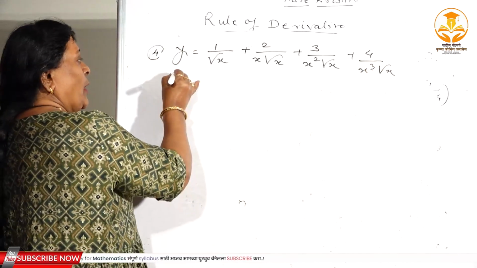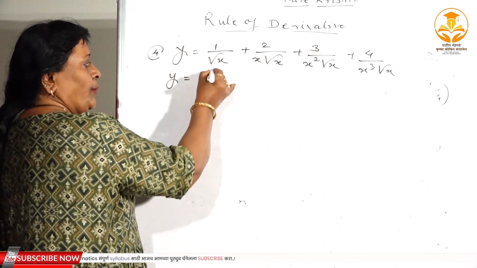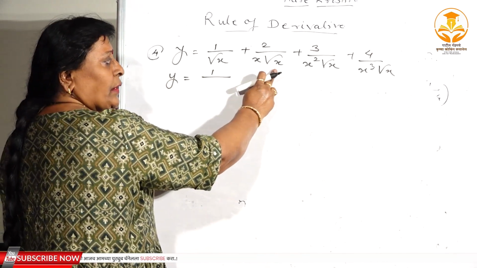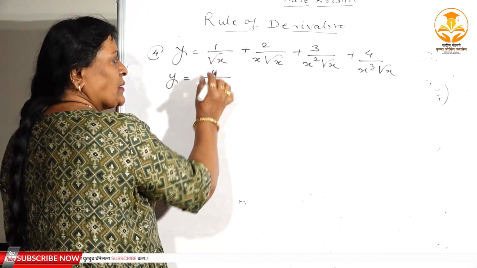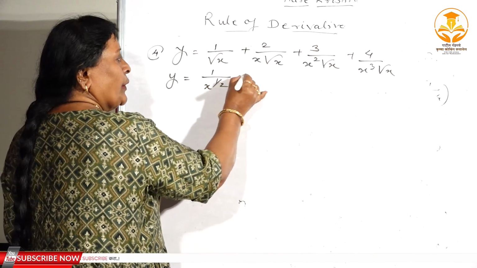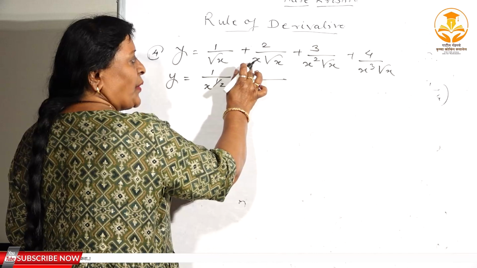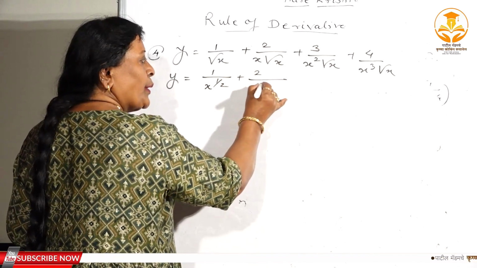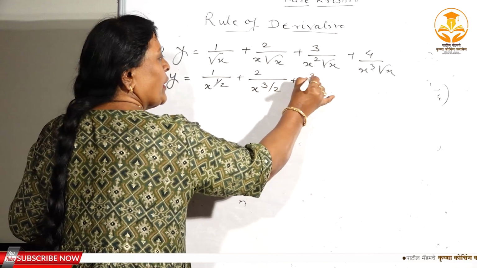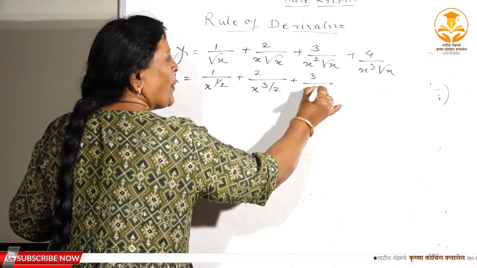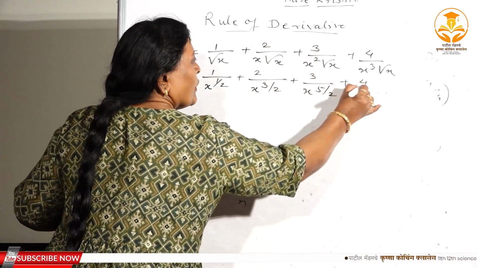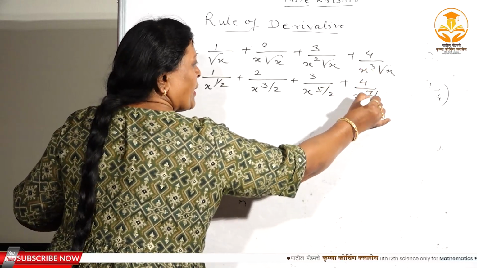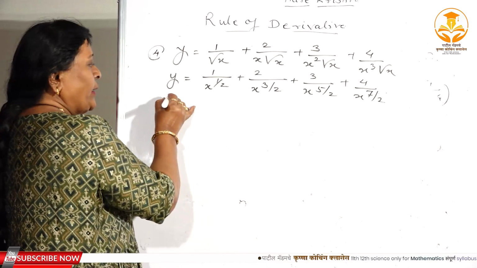See, again what you have to do? Again you have to make the power. See, here x into root x. I just told you, the power of this x is 1 and this is 1/2. Then 1 plus 1/2 is 3/2, again 3; 2 plus 1/2 is 5/2, 4; 3 plus 1/2, 3 twos are 6, 6 plus 1 is 7/2. Right? Again dy by dx.